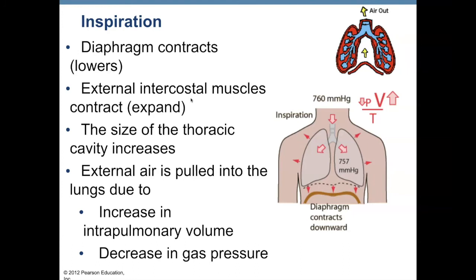This increases the volume of the rib cage, the thoracic cavity, and it almost creates a vacuum within it, which makes the lungs expand. As the lungs expand, their volume increases, and in doing so we've decreased the pressure inside the lungs.